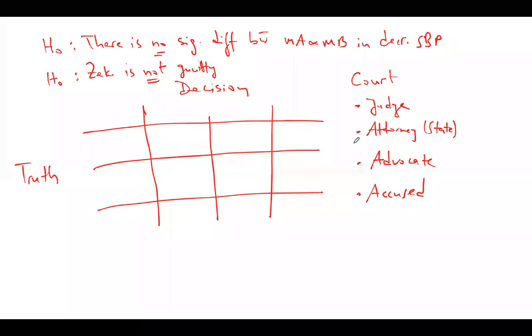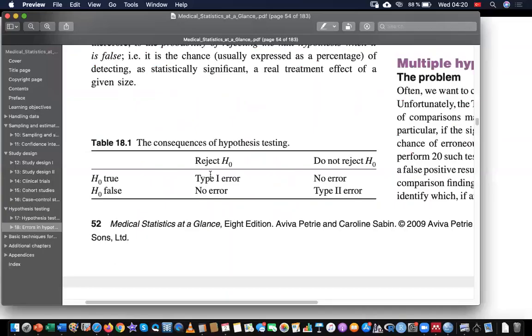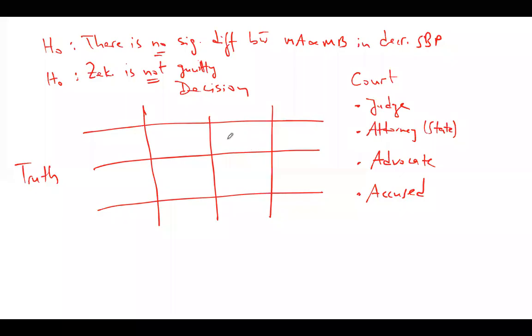It's very similar to what we are doing in science, in research. Also in research, we have an H null. We have to either reject it or accept it. This is the decision of the judge.